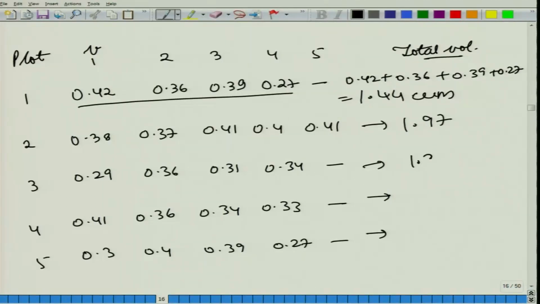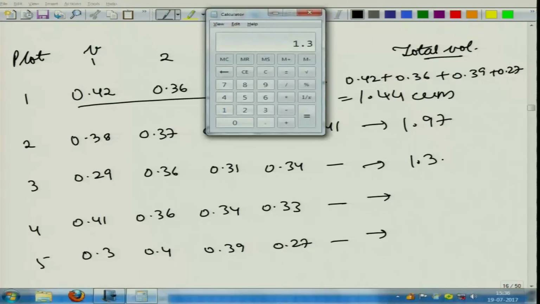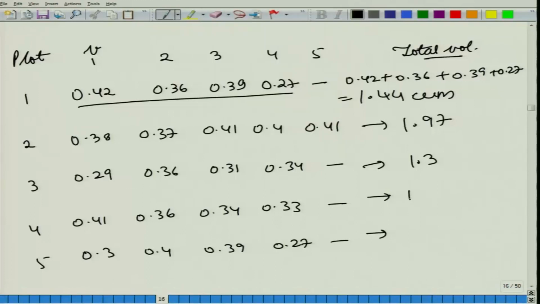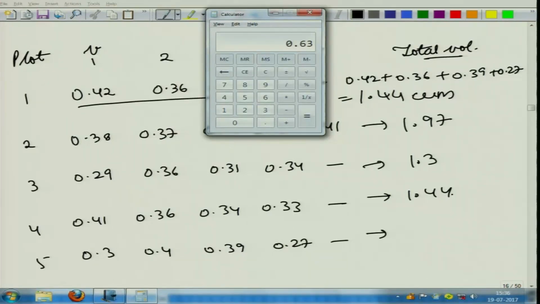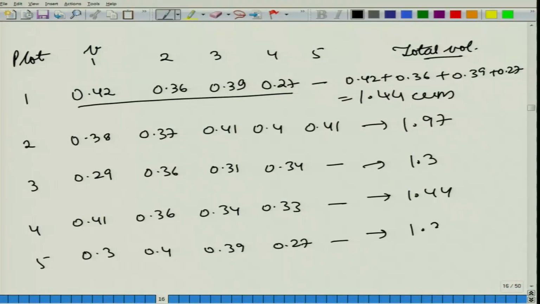Here we have 0.41, 0.36, 0.34 and 0.33, which is again 1.44, and for the last one we have 0.3 plus 0.4 plus 0.39 plus 0.27, which is 1.36.